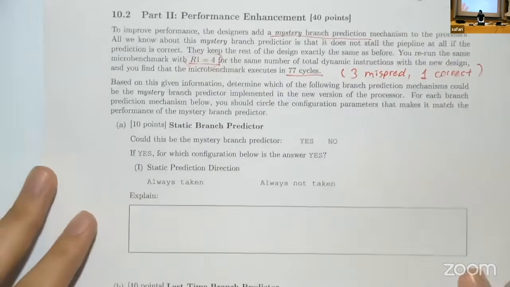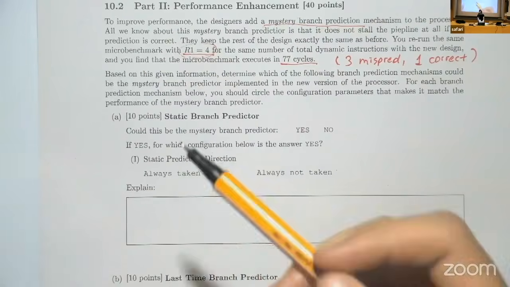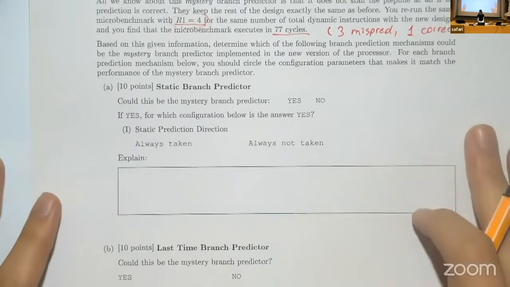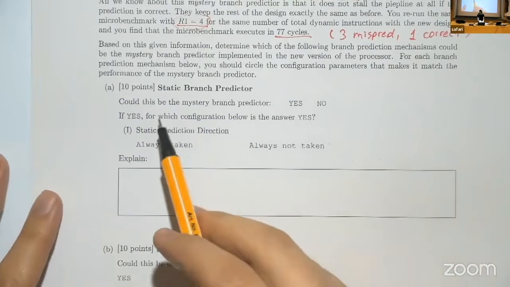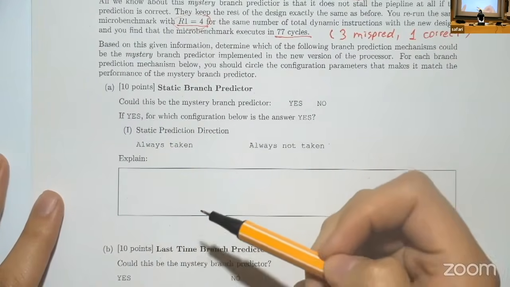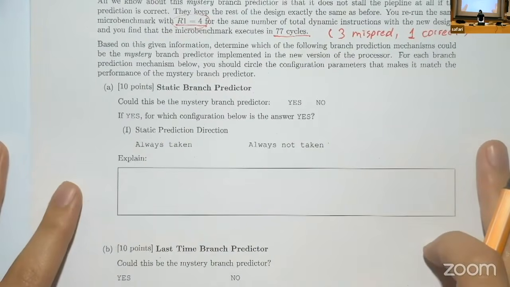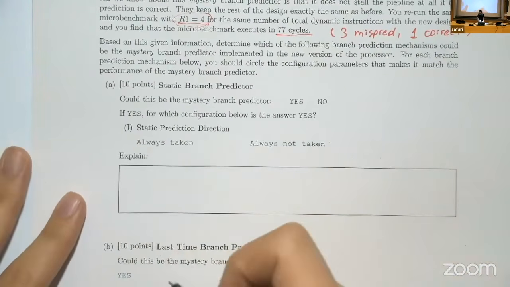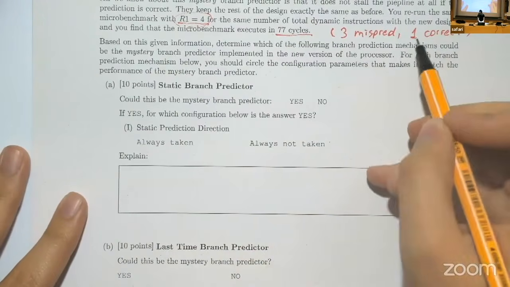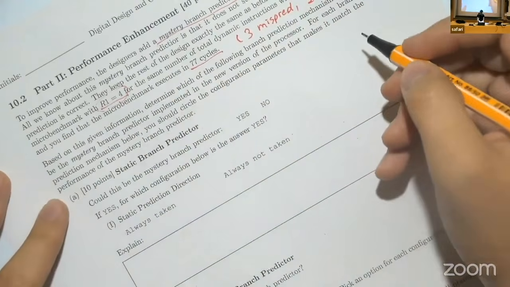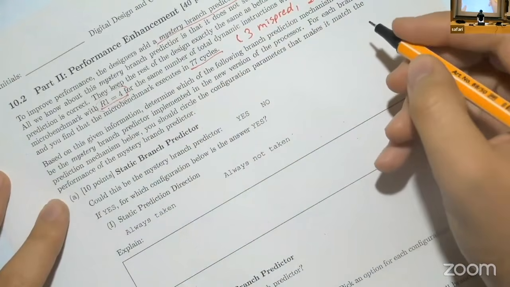Okay. So in here, the question gives different predictor designs, and we are evaluating if it's possible to see this outcome with these different predictors. So the first one is static branch predictor, which is always taken or always not taken. The answer for this one is yes. Let's first write the outcome of this.